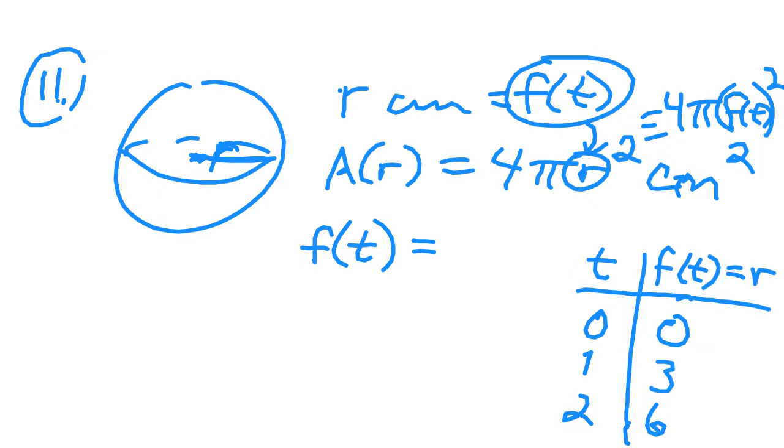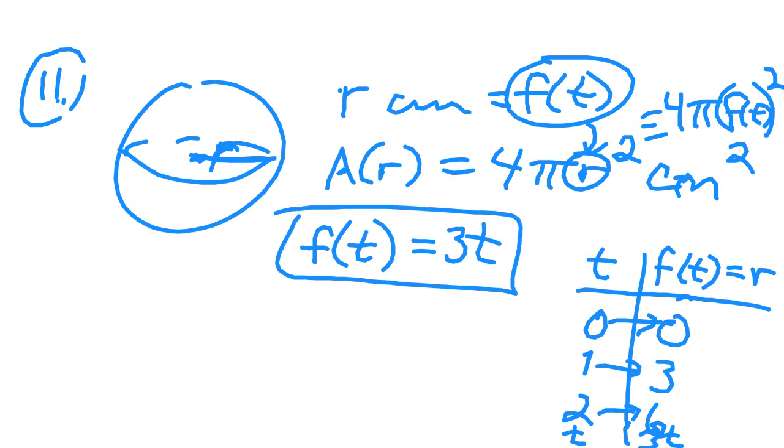What am I doing to get from 0 to 0, or from 1 to 3, or from 2 to 6? I'm taking 3 times t. So f of t is going to be 3t. That's our constant rate of change.